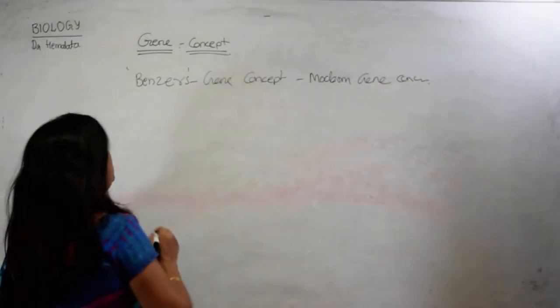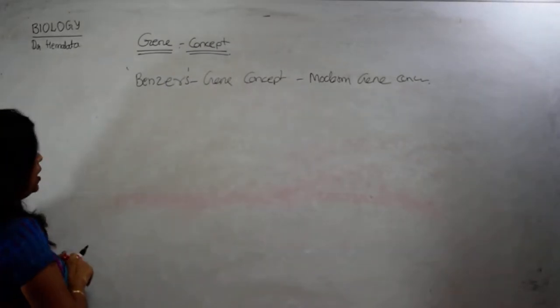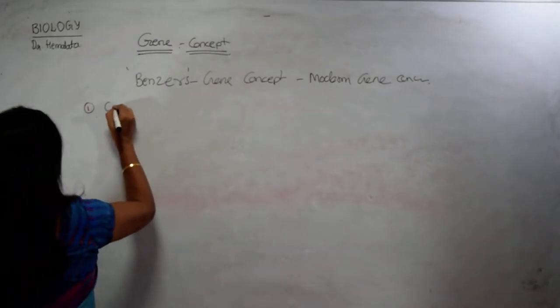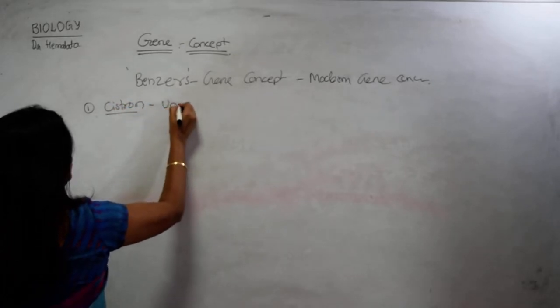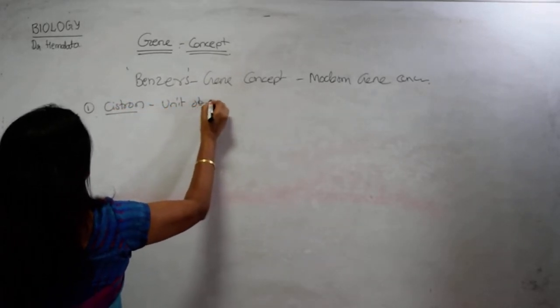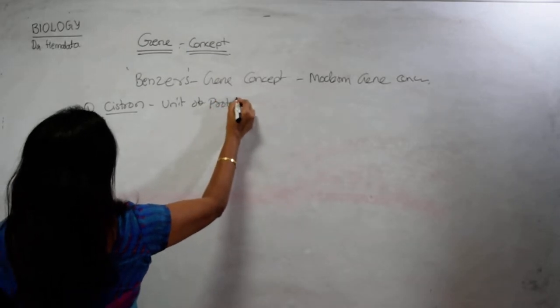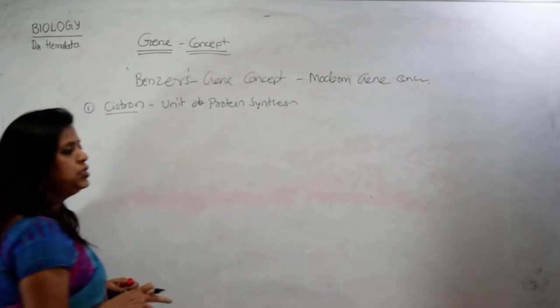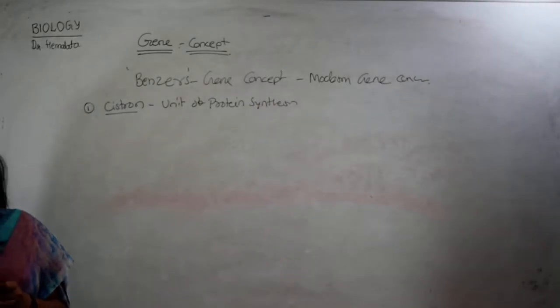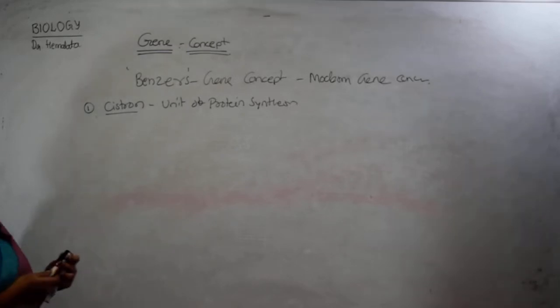According to him, gene can be called a cistron, which is the unit of protein synthesis. Unit of particular protein formation or protein synthesis. Okay, the part that forms the protein is the unit of protein synthesis. Right? So what is that gene then?